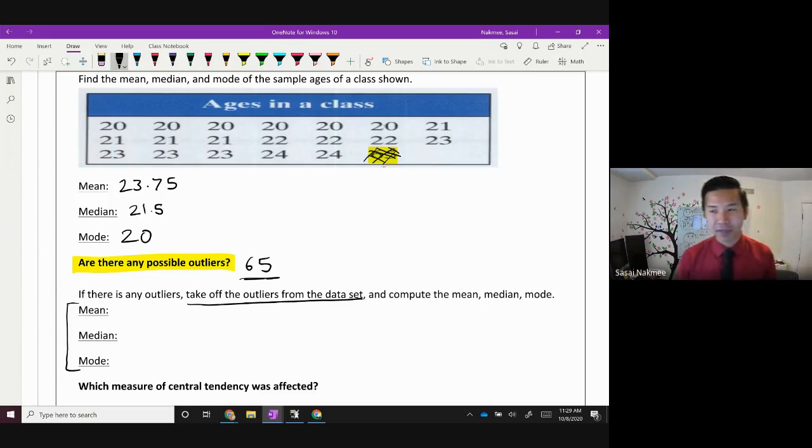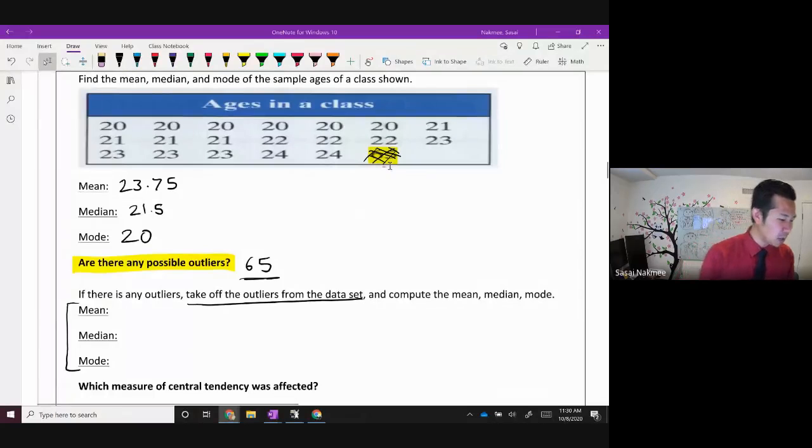I'm going to have you type that answer in for me on a Pear Deck. So go ahead and start working on it right now. Get the mean, the median, the mode, but this time without counting the 65, and see what you get.